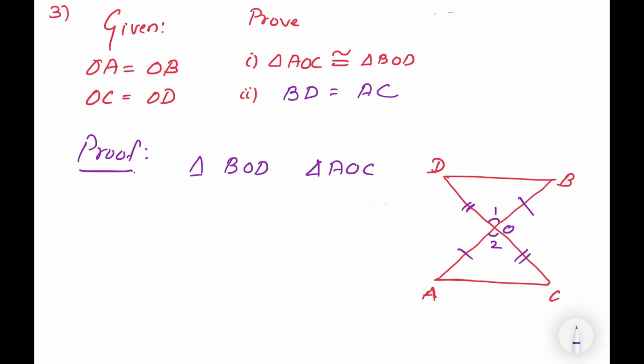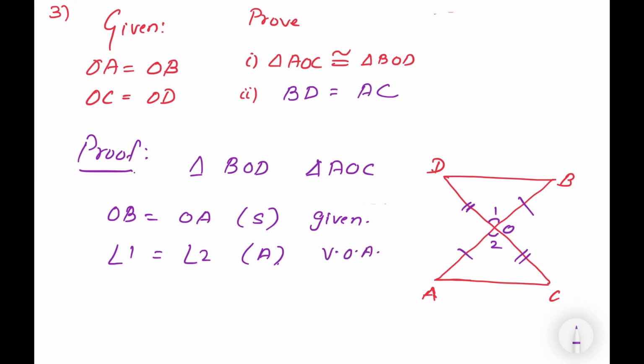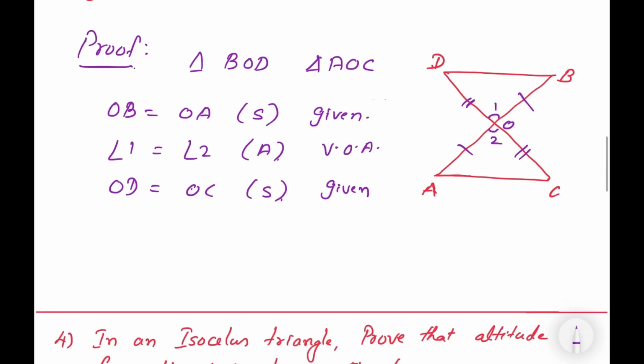For this, OB equal to OA, side given. Angle 1 equal to angle 2, vertically opposite angles, and OD equal to OC, side given. Therefore, triangle AOC is congruent to triangle BOD.